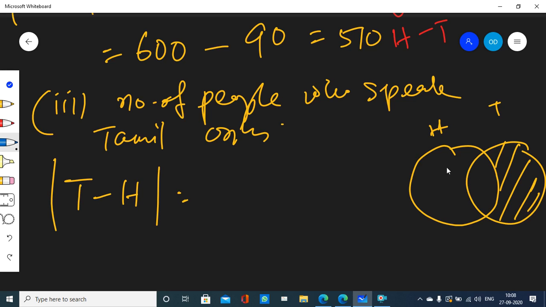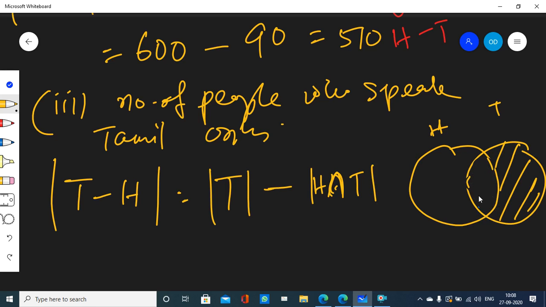Because these people, even though they are in T, are also there in H, remove them. Whatever you are left with is T minus H. They speak only Tamil. So the formula is the cardinality of T minus the cardinality of H intersection T. Total number of elements of T, then subtract the number of elements that lie in the intersection.